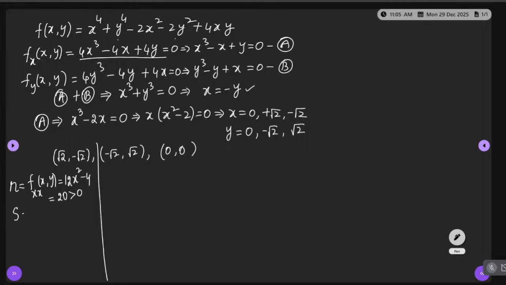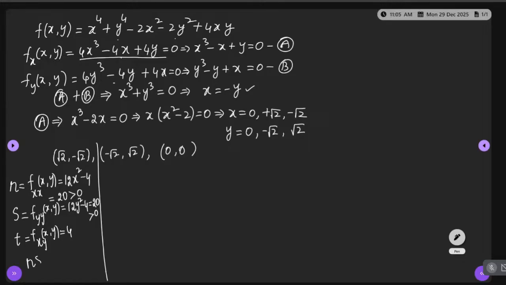S equals fyy of xy. What is fyy? 12y square minus 4 equals again 20, positive. T is fxy of xy. Derivative of this with respect to y gives 4, or this with respect to x gives 4.